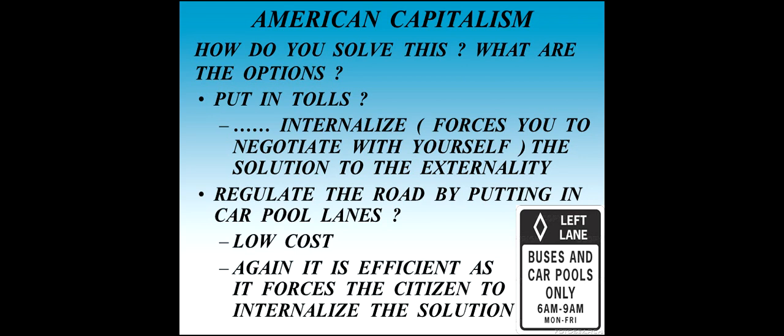It's equitable and efficient because it forces the citizen to internalize the solution, meaning decide, in this case, not so much, or maybe in conjunction with paying the toll, but deciding whether it's worth it to them to have somebody share their ride with them to shorten the commute time to work and get to where they need to be.